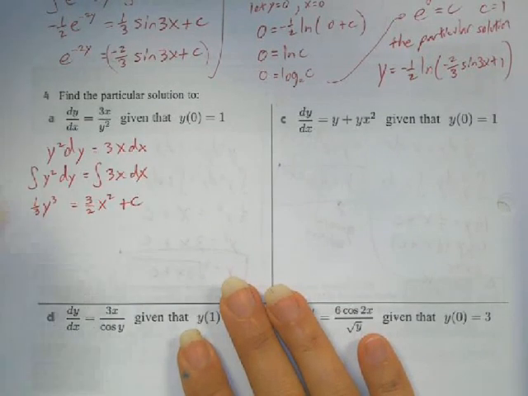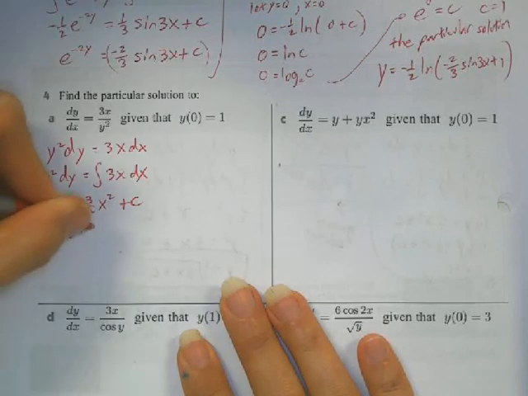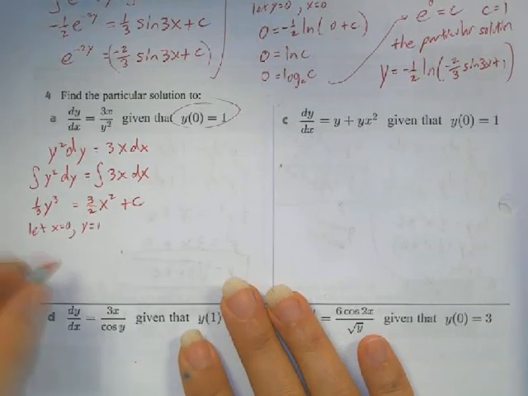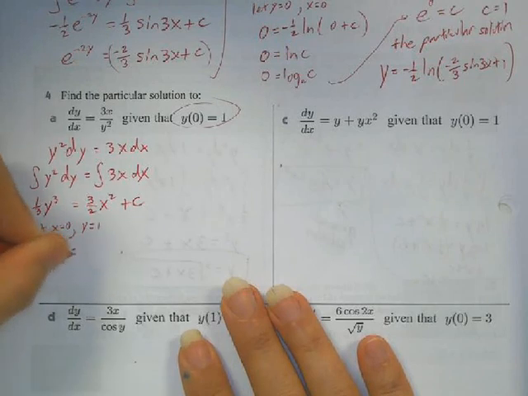Now I'm going to let x equal 0, then we get y equals 1 from this information here. So then I get 1/3 equals 3 over 2 times 0. So that means c equals 1/3.